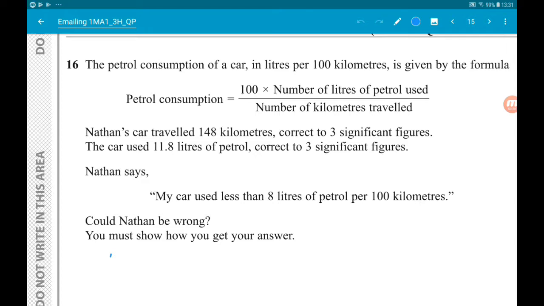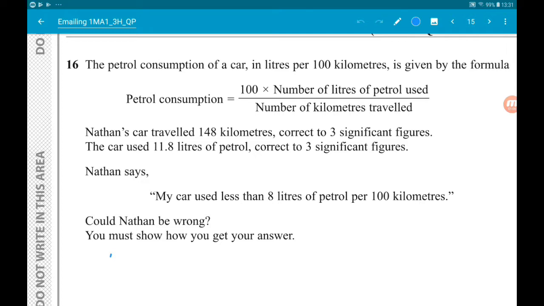Nathan's car travelled 148 kilometres correct to 3 sig figs, and it used 11.8 litres of petrol correct to 3 sig figs. Nathan says, my car used less than 8 litres of petrol per 100 kilometres. Could Nathan be wrong? You must show how you get your answer.